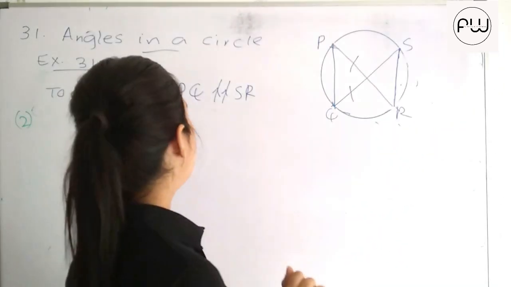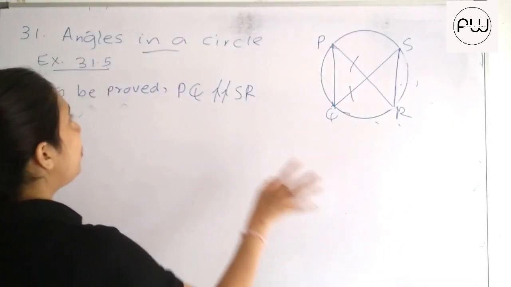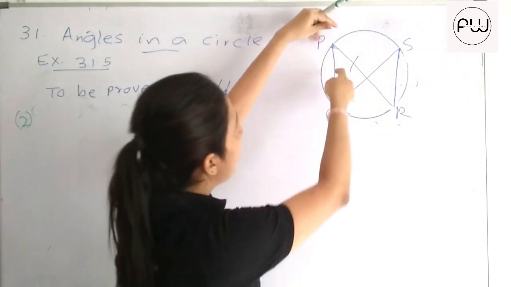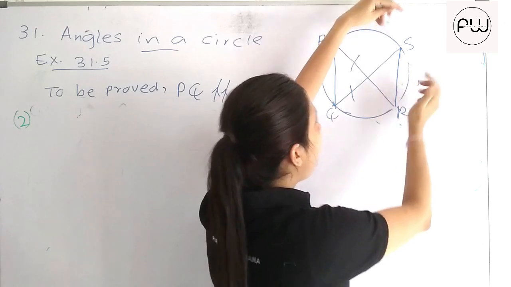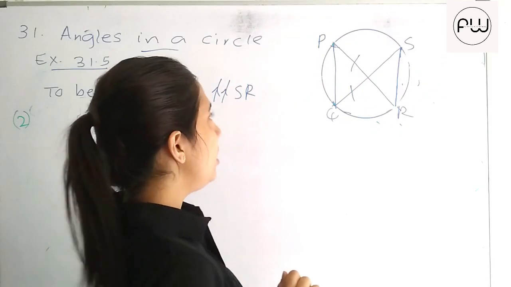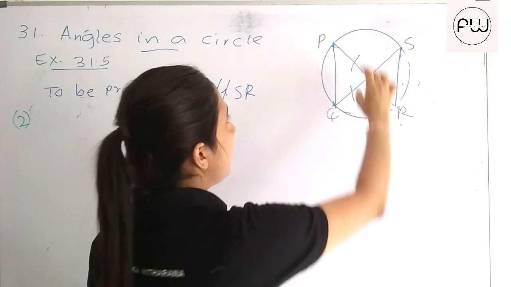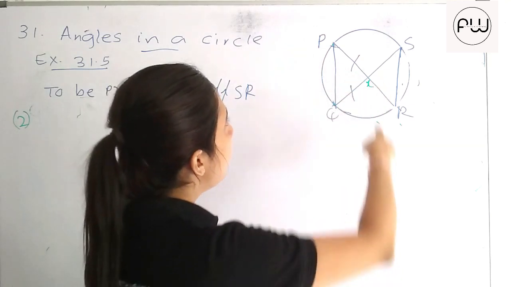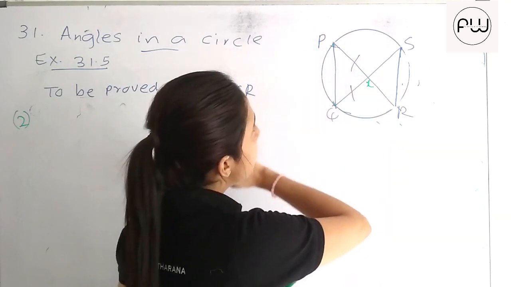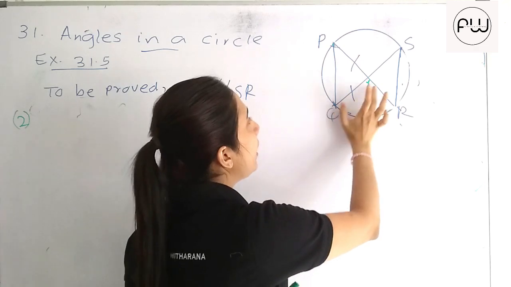Okay, the second one. So here we have to prove PQ line, this line, is parallel to SR, this line. And only one piece of information is already given. What is it? This here X, the center, should be X. So PX side equals QX side.